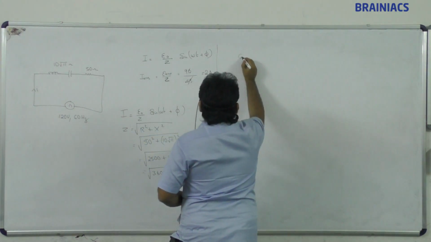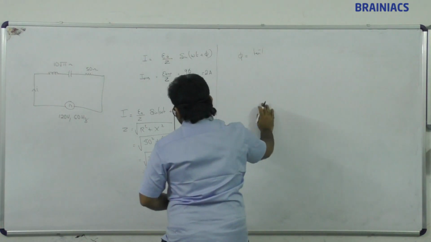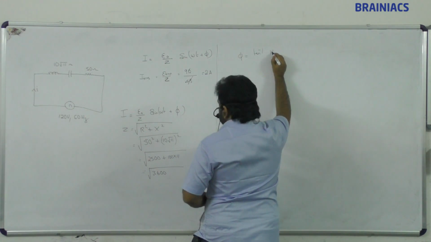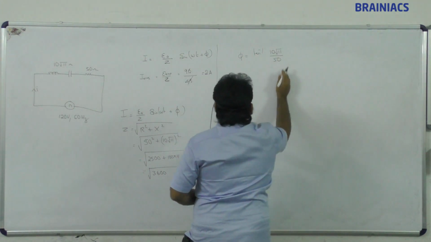What about phi? Phi is equal to tan inverse of X over R, which is 10 root 11 divided by 50.